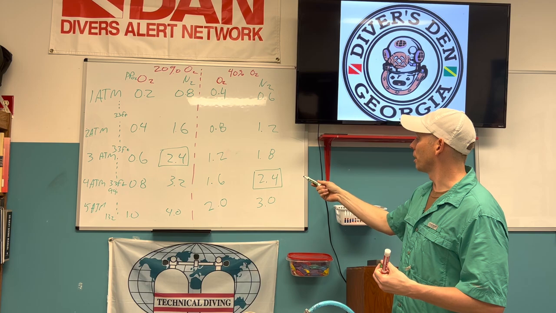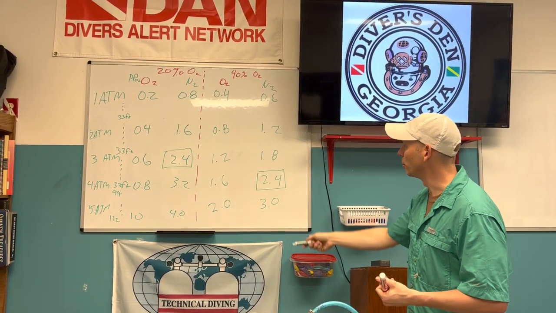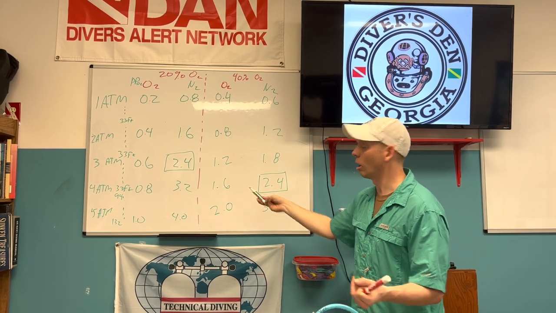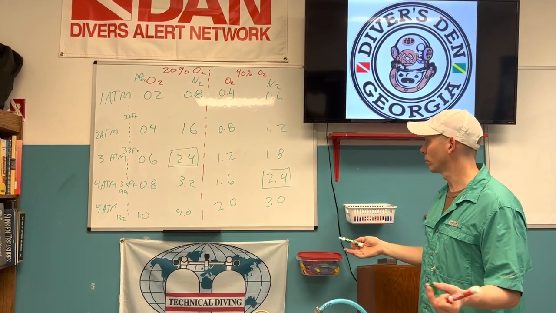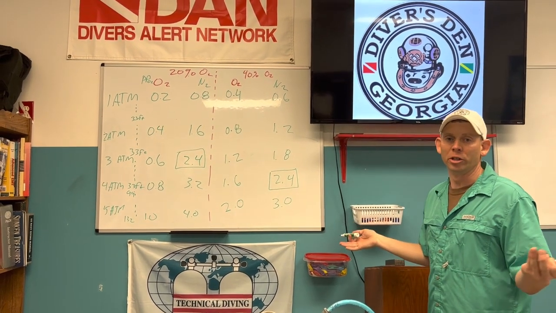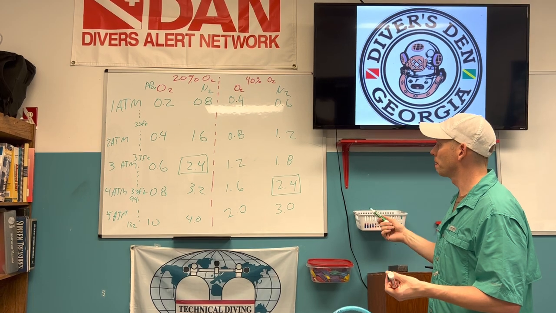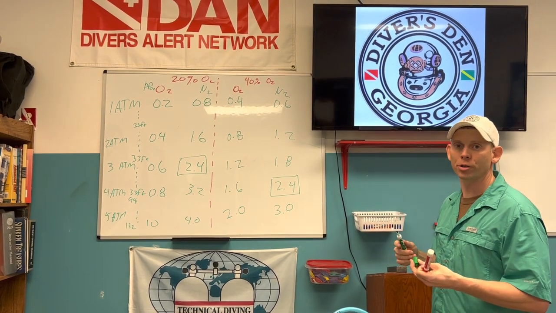But you might think, if I can get this to 0 by breathing 100% oxygen, why wouldn't I just do that? Then I would have no decompression limit at all. Well, that's one of the hazards of oxygen.